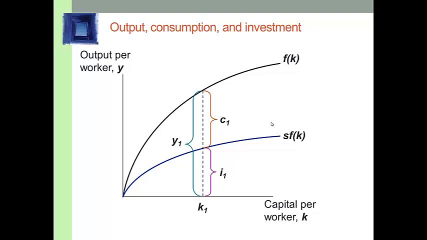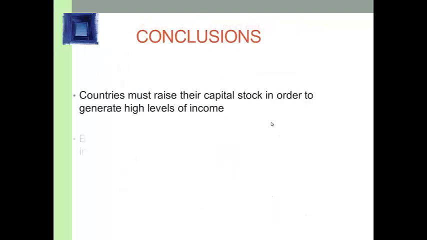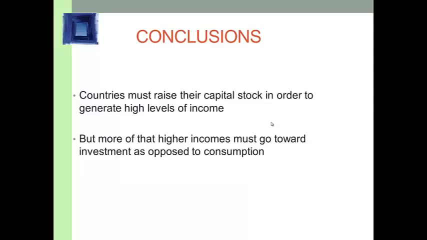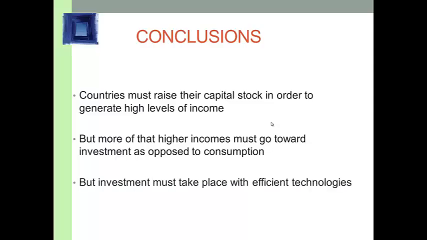So we can conclude our discussion by suggesting that, based on the Solow framework that we have built, countries must raise their capital stock in order to generate high levels of income.